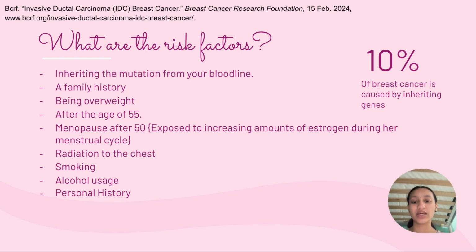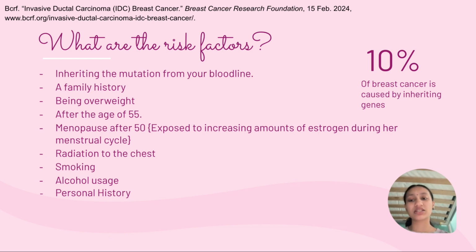Being overweight and being over the age of 55. Being over the age of 55 is a risk factor for breast cancer because as we age, our bodies undergo natural changes that can increase the likelihood of developing cancer. Additionally, there are hormonal changes that occur during menopause, which also contribute to an increasing risk.